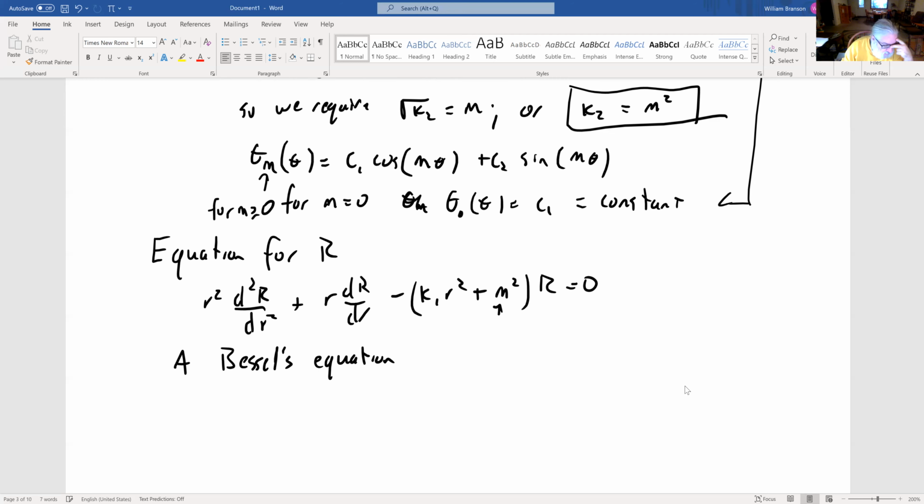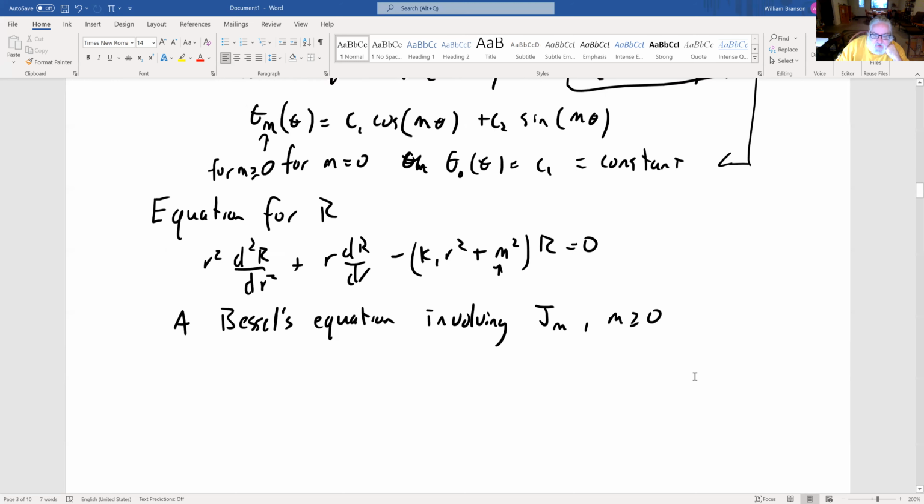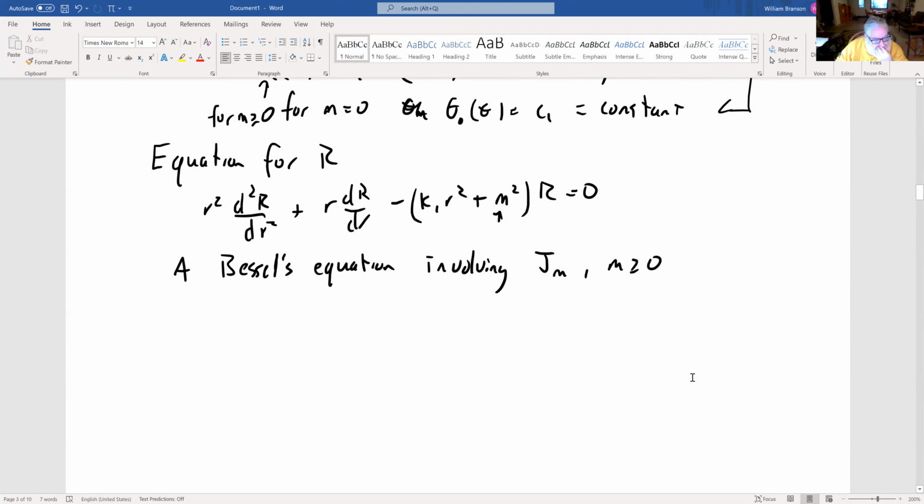Because of the m, we're going to end up involving the mth Bessel function, for m greater than or equal to 0. Again, we're not going to talk about exactly what the functions Jm are.